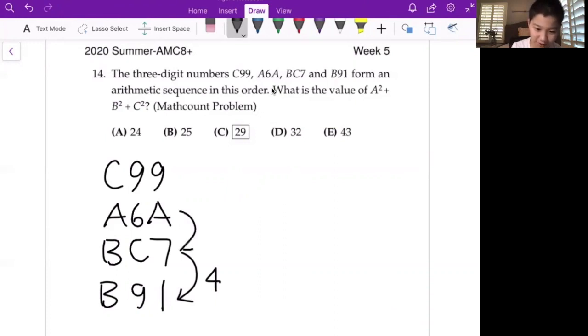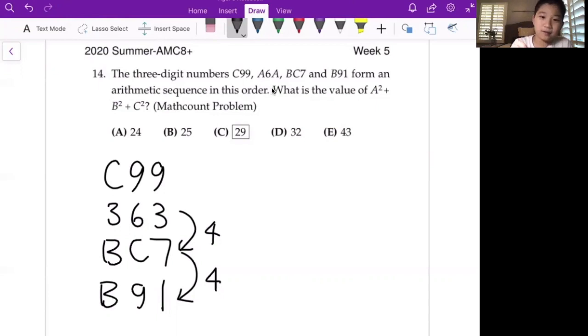From 8 to 7, it should be a jump of 4 too. Why? Because the common difference is the same. Or you can say the jumps are the same. So we already figured out one digit. For A to be 4 less than 7, well, A has to be 3. So 3, 6, 3.